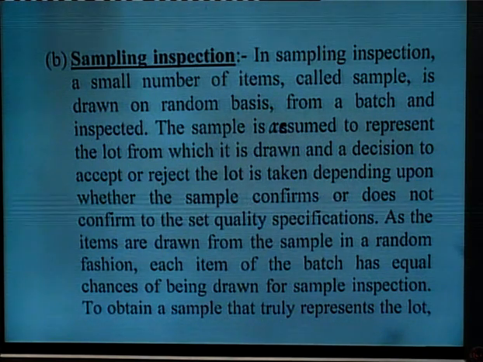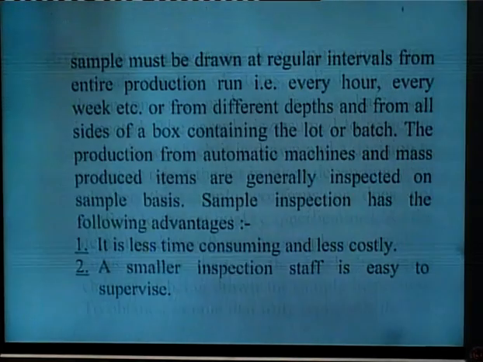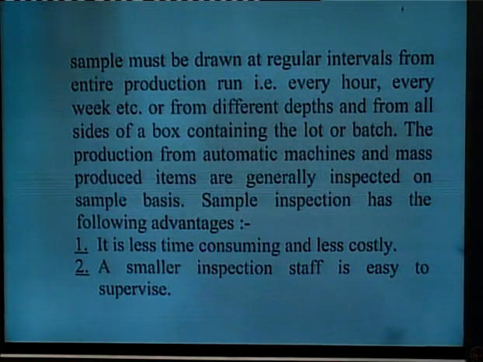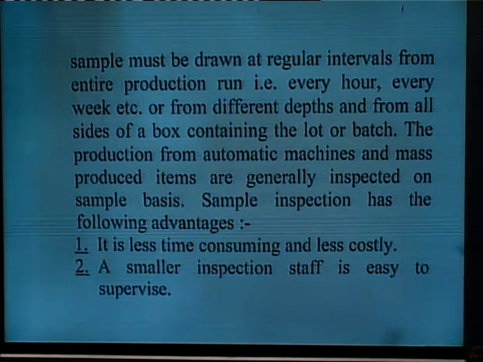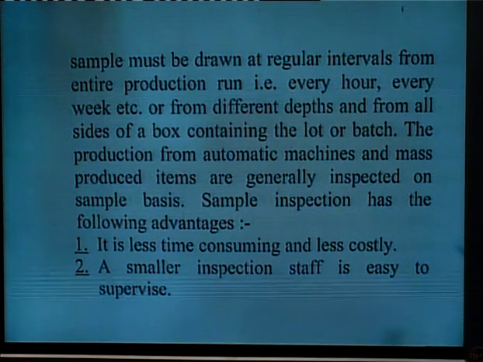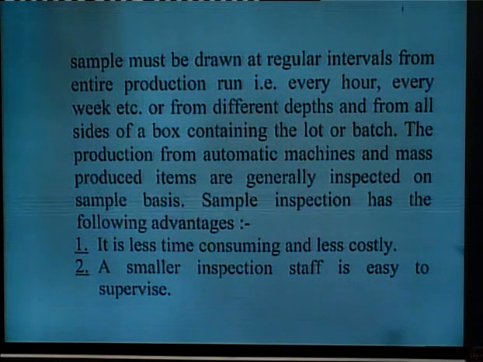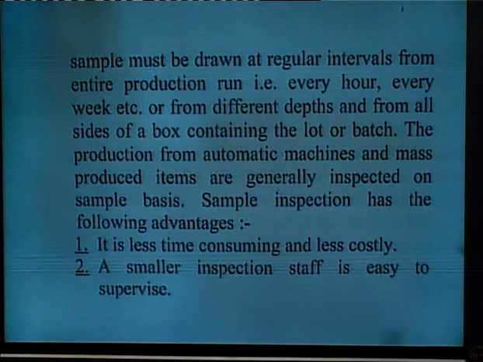To obtain a sample that truly represents the lot, samples must be drawn at regular intervals from the entire production run, every hour, every week, etc., or from different depths and from all sides of a box containing the lot or batch. The production from automatic machines and mass produced items are generally inspected on a sample basis.